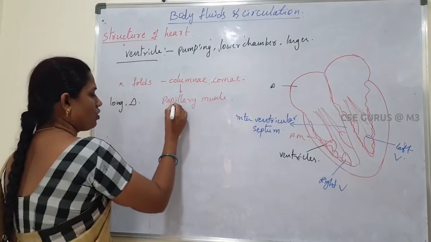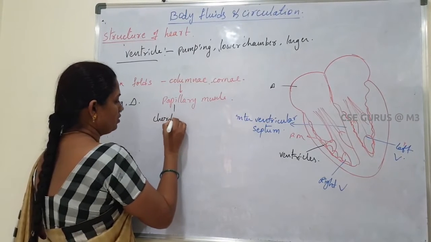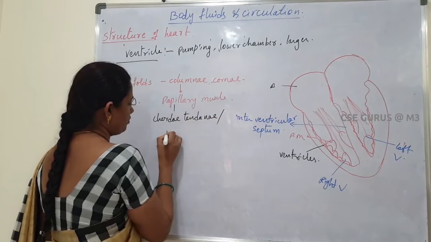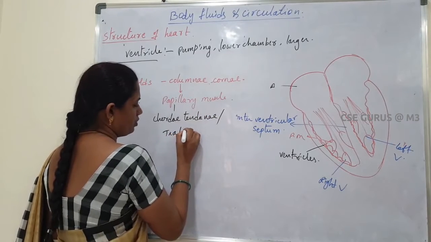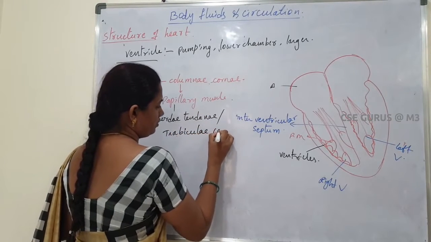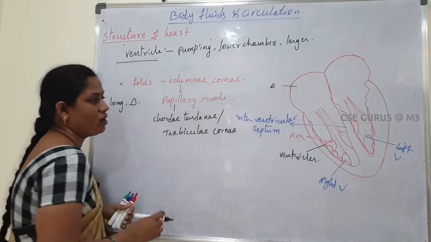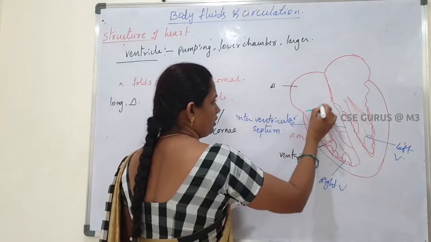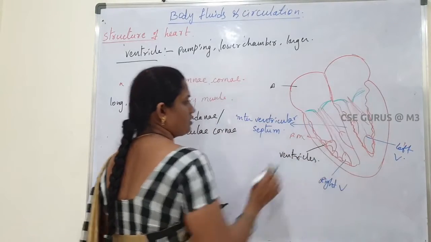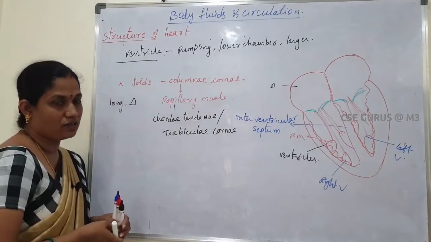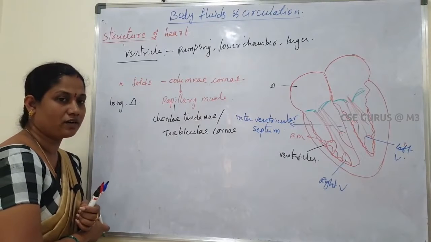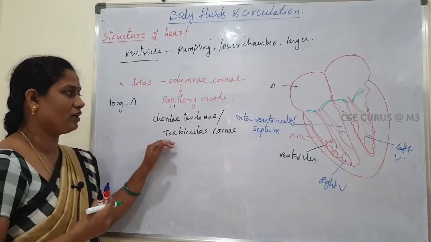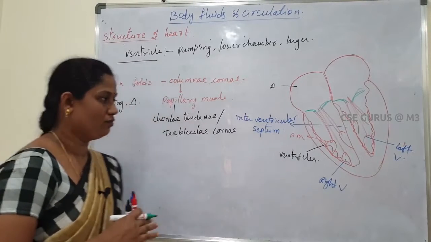These are called chordae tendineae or trabeculae carneae. These string-like structures are connected to the valves. Here the bicuspid and tricuspid valves, the AV valves, are present. So the chordae tendineae are connected to the AV valves.